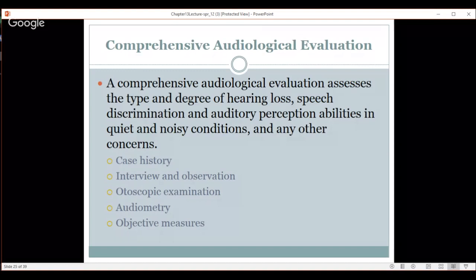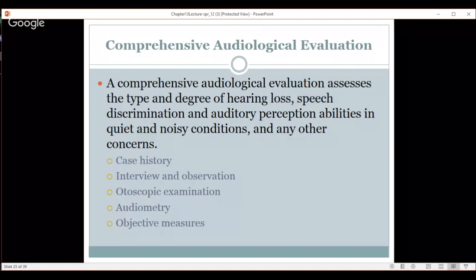It appears to be kind of like a game-like situation, and they'll be taught or conditioned to put a colorful peg in a pegboard or drop a block in a bucket when they hear a sound. So of course they're going to be hopefully enjoying the game that's been set up for them, and the audiologist will be able to obtain pure tone testing through that means.